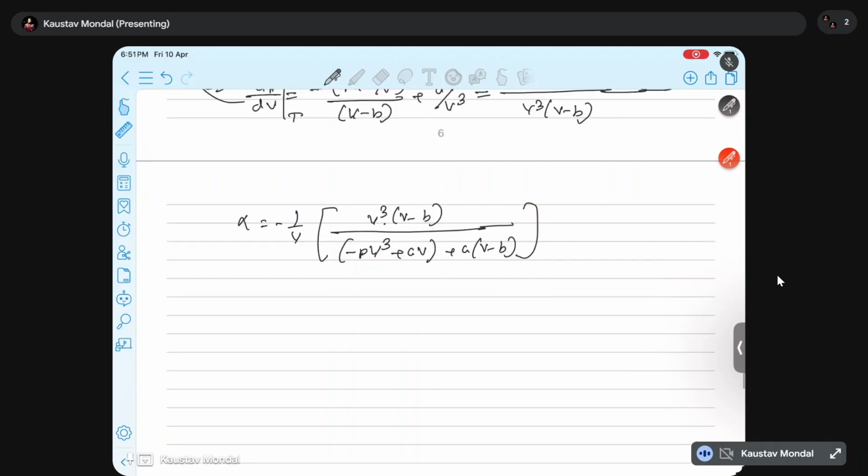VB will cancel, so V squared remains, and you can also absorb the negative sign into the denominator, so it will be V squared (V minus b) by the denominator, with the sign absorbed.